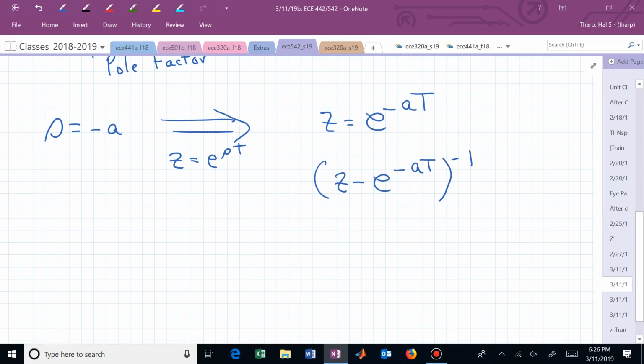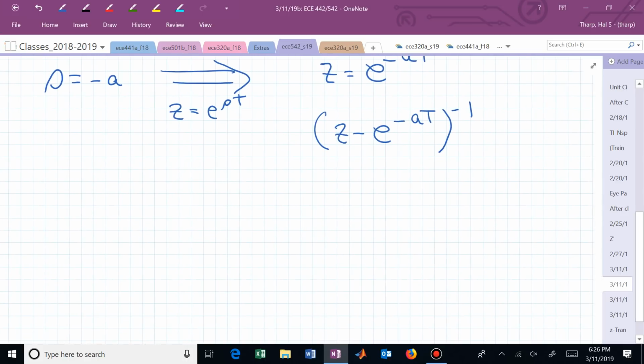Yeah, but Dr. Tharp, what if you put a complex pole on the exam? You're just playing with real poles. Well, that's for you to figure out on the exam. Well, let's talk about it a little bit here. I'm teasing again. What happens if we have complex roots?